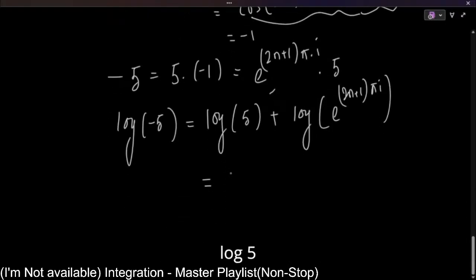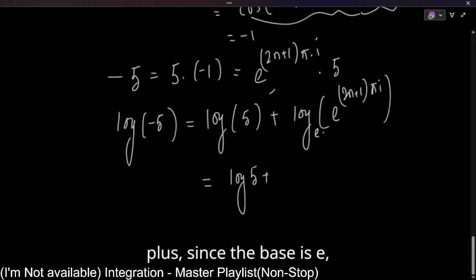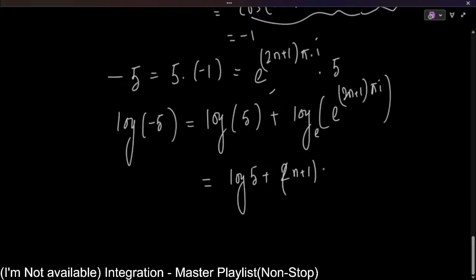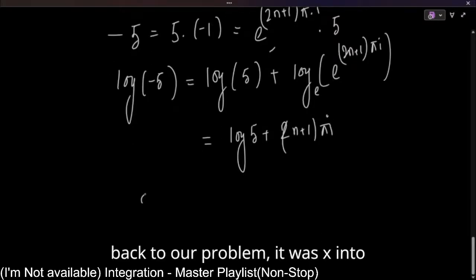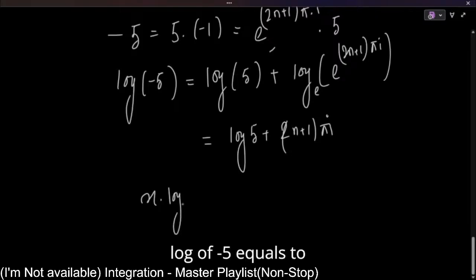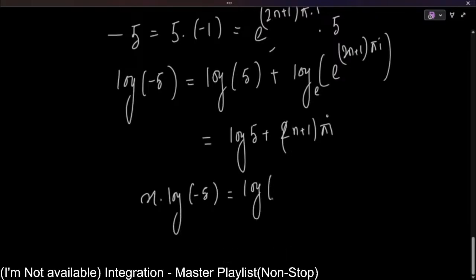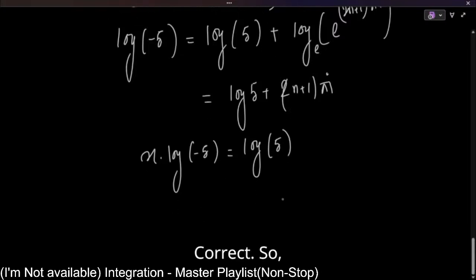And this gives you log 5 plus, since the base is e, this comes out to (2n plus 1) i pi. Now if you go back to our problem, it was x into log of minus 5 equals log of 5. Correct?